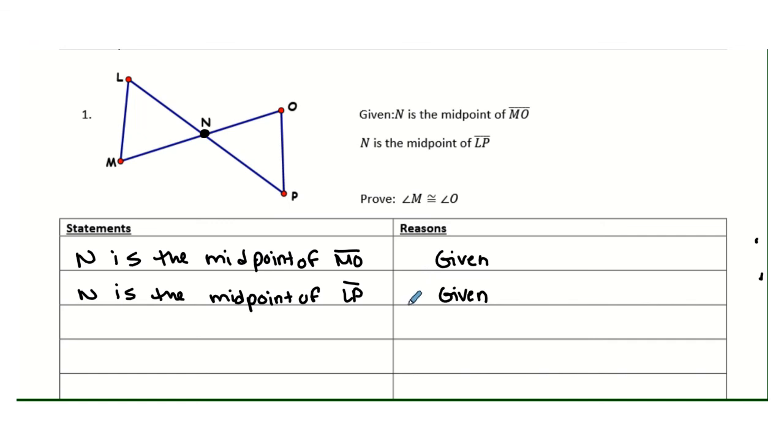Well, now I can say that I know that MN is congruent to NO by the definition of a midpoint. A midpoint is exactly in the middle, so this piece has to be the same length as this piece. So MN is congruent to NO by the definition of a midpoint.